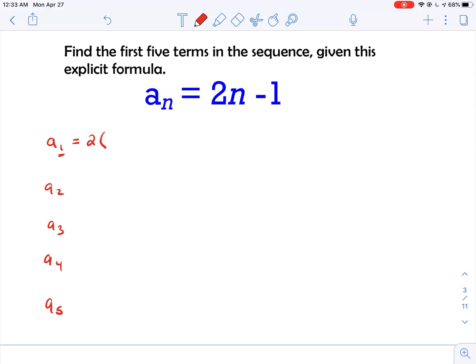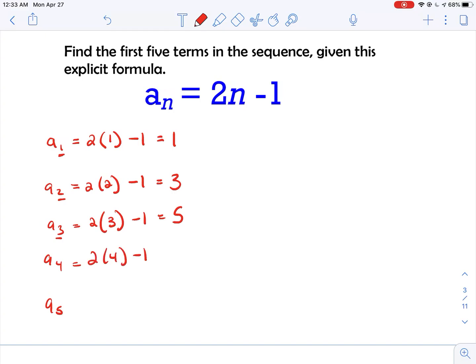So to find A1, I'm going to plug 1 anywhere I see an n. Okay, so that's 2 times 1 is 2, minus 1 is 1. To find A2, I'm plugging in 2 wherever I see an n. 2 times 2 is 4, minus 1 is 3. For A3, I'm plugging in 3 for n.